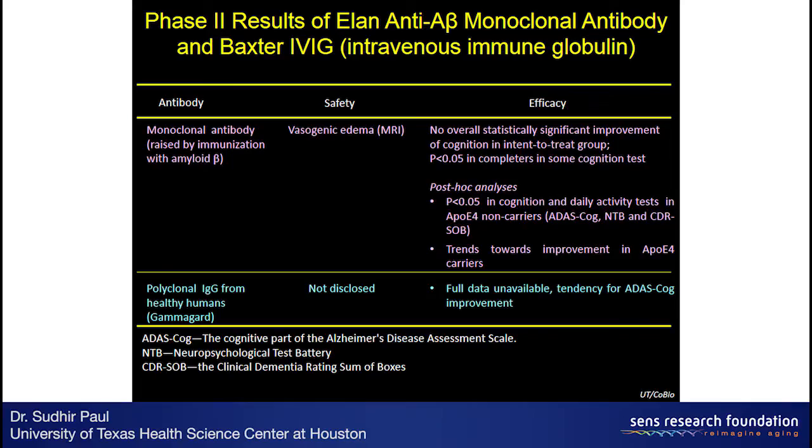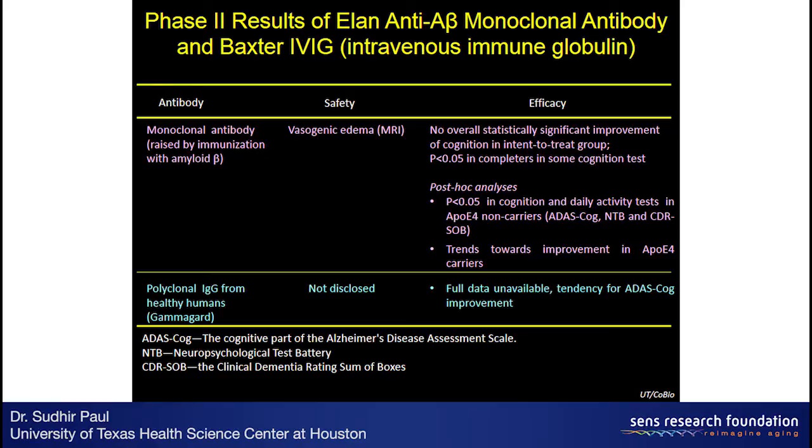The other drug that is currently under phase 3 trials is Baxter's intravenous immune globulin, also known as IVIG. This is a formulation composed of polyclonal immunoglobulin G from healthy humans.